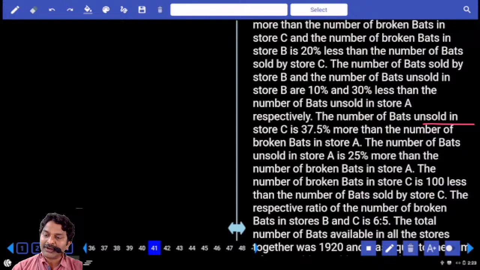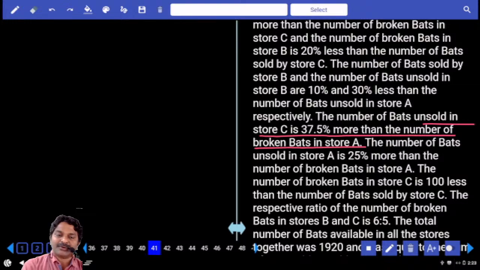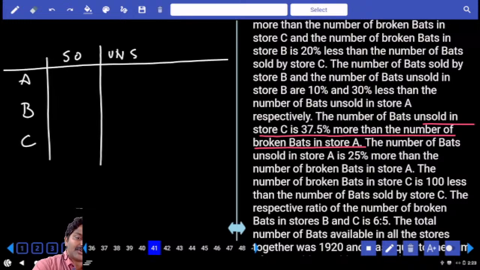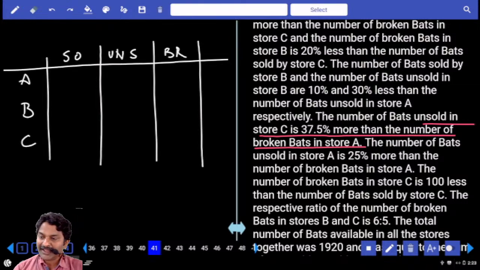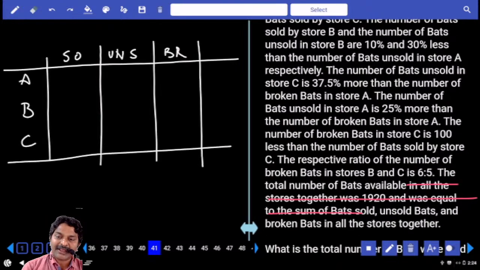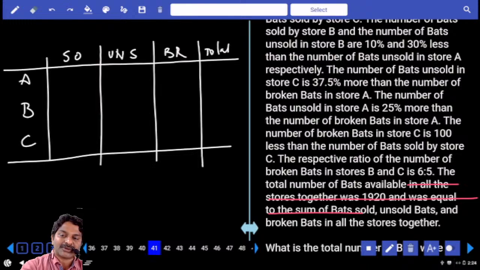Number of bats unsold in store C, 37.5% more than broken bats in store A. So they are talking about stores A, B, C and then sold, then unsold, then broken. Yes, there may be some other extra information, we'll see. Total number of bats available in all stores together is 1920. So they are talking about the total also, which is 1920.